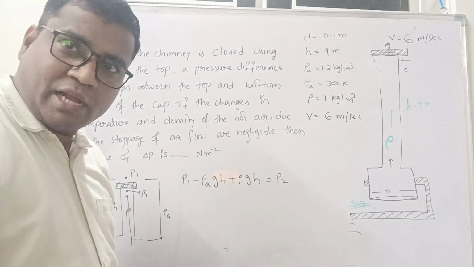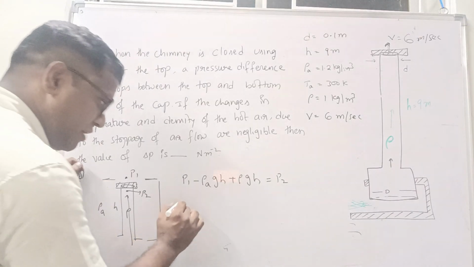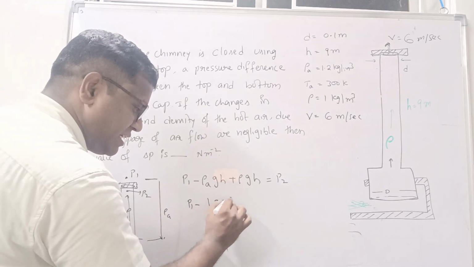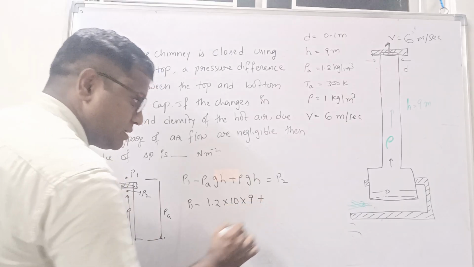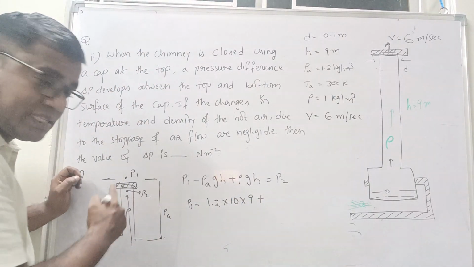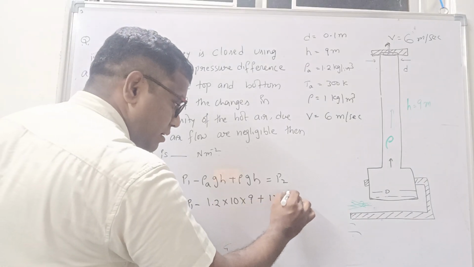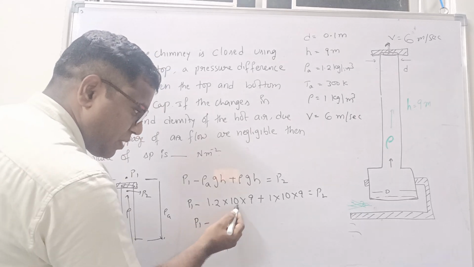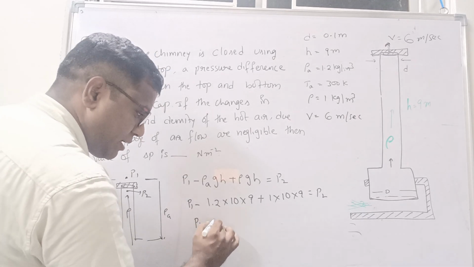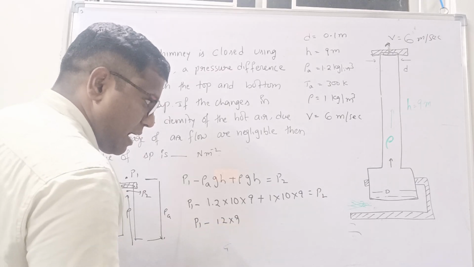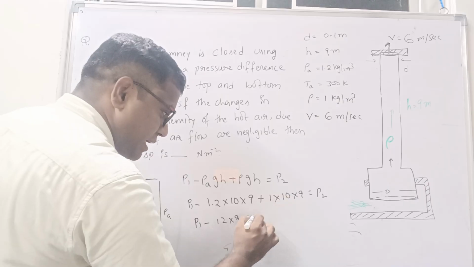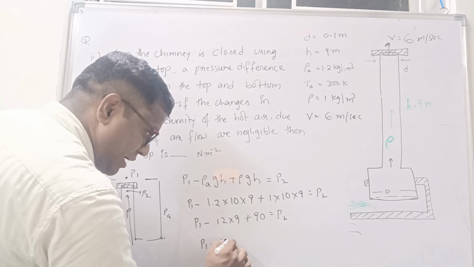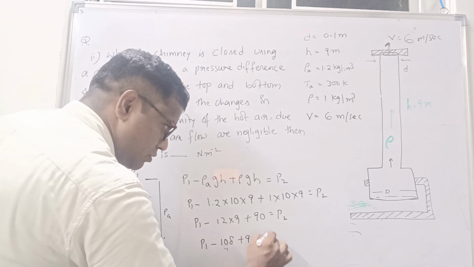Now we'll substitute the values and then calculate delta P, right? So here P1 minus rho A, which is 1.2, into g is 10, h is 9, plus the inside air density 1 into 10 into 9, which is equal to P2. So P1 minus 12 into 9, that is 108, plus 90, which is equal to P2.